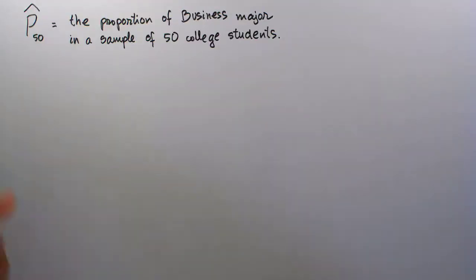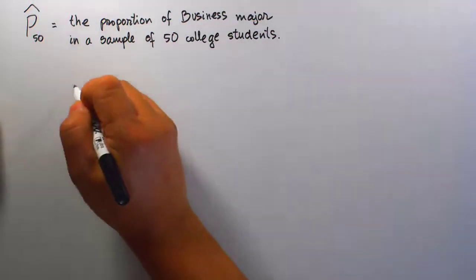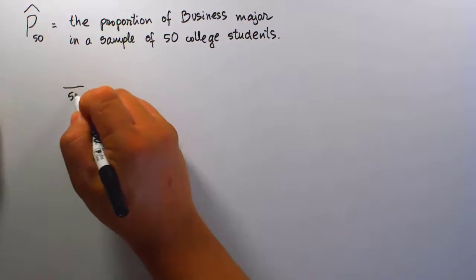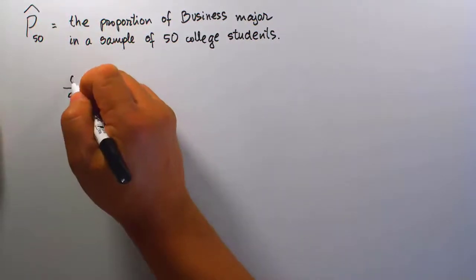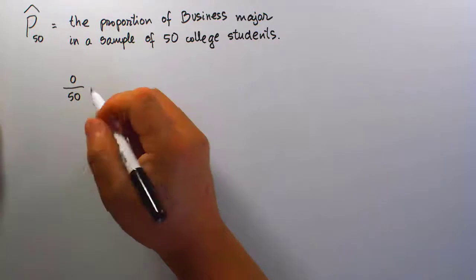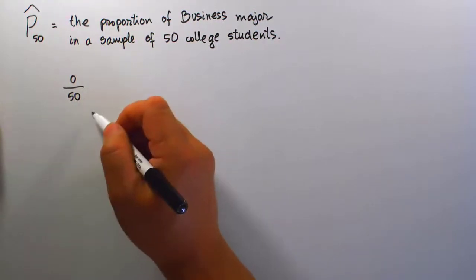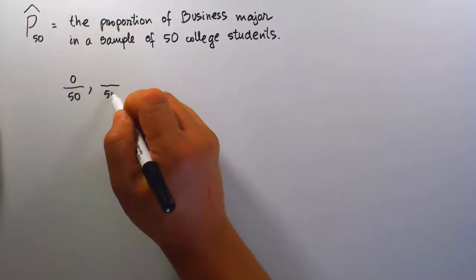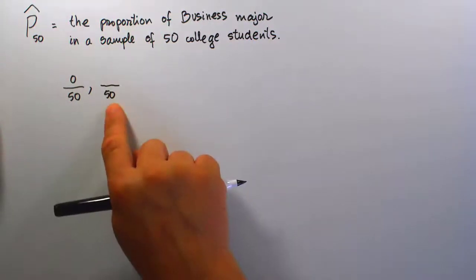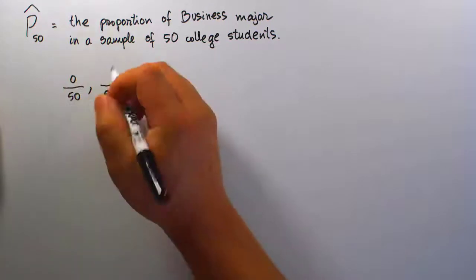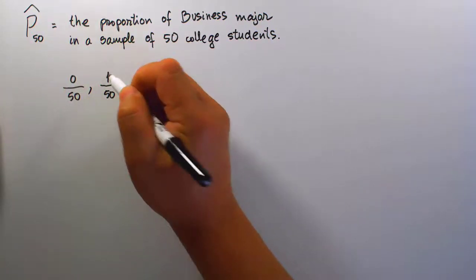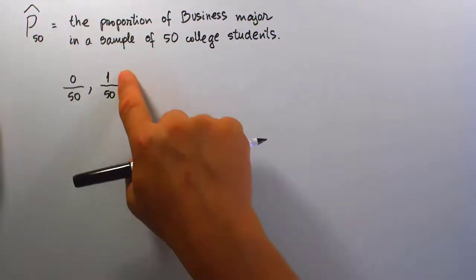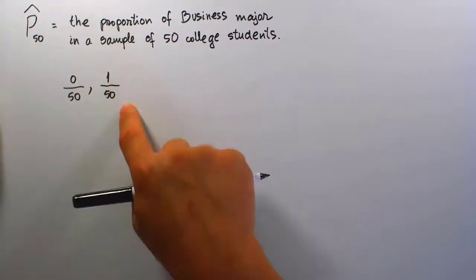This is now a distribution of sample proportion values. Think about it: we can pick up a sample of 50 students, but none of them being in business major. This is a sample proportion value, 0 out of 50. In a different sample of 50 college students, we might be a little bit luckier. We found one student being in business major out of 50.